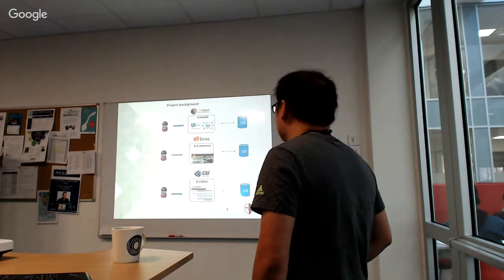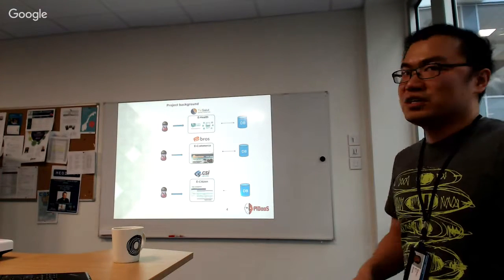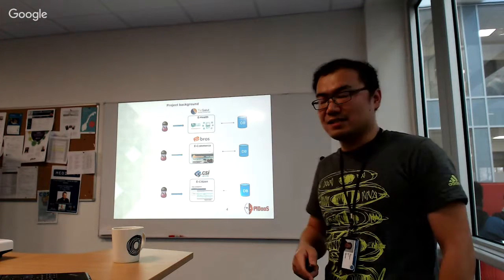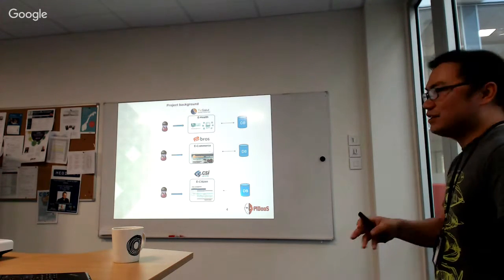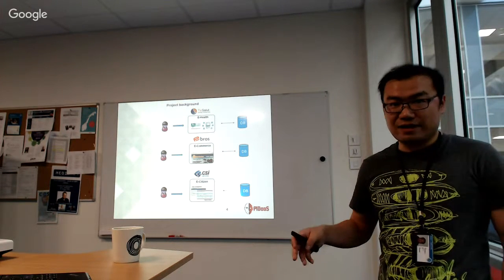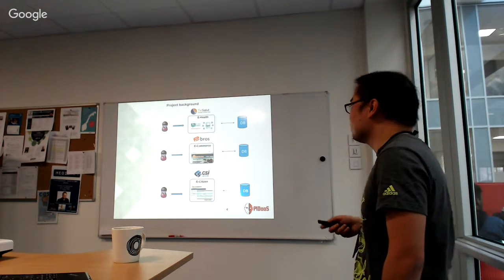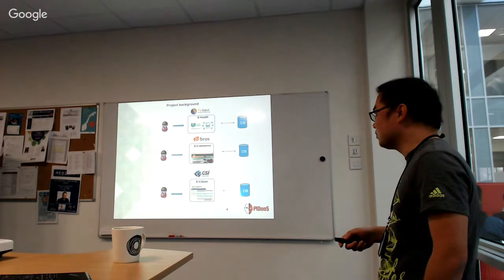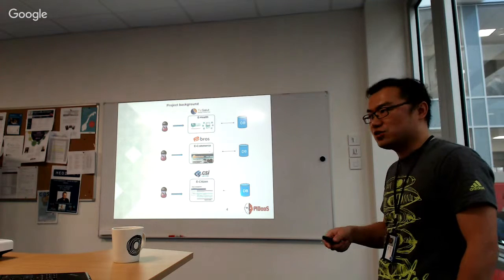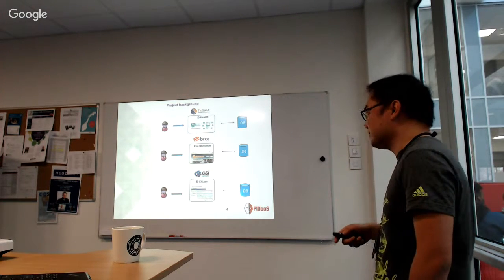The project background. In our project, we have 3 partners who are providing different services for their customers. One is to provide the e-health system. The second one is for e-commerce, where they can shop online. And the third one is the e-citizens.